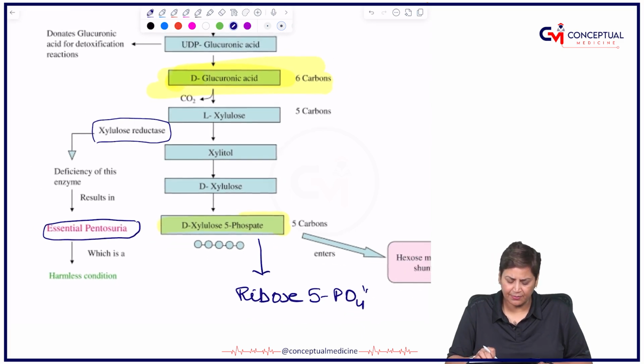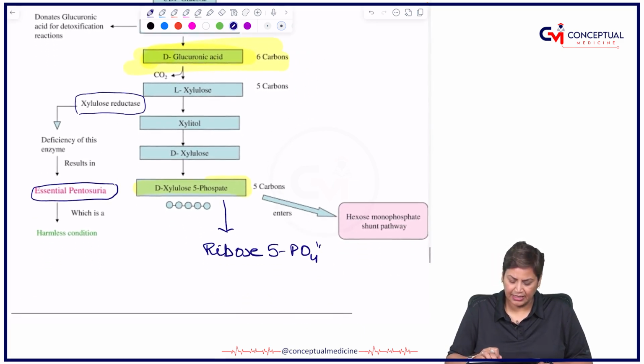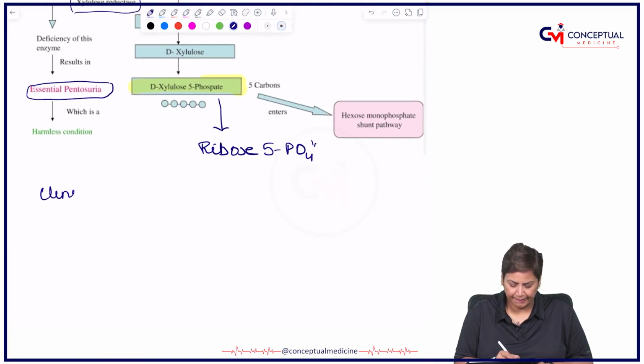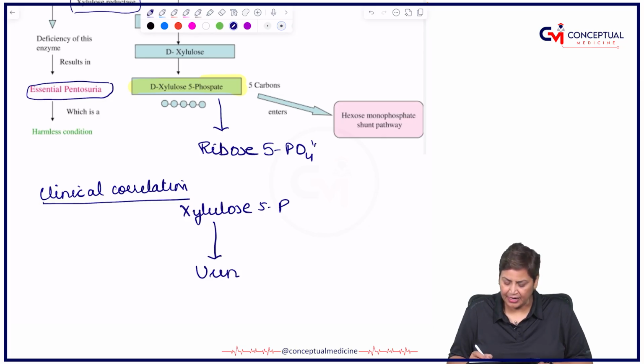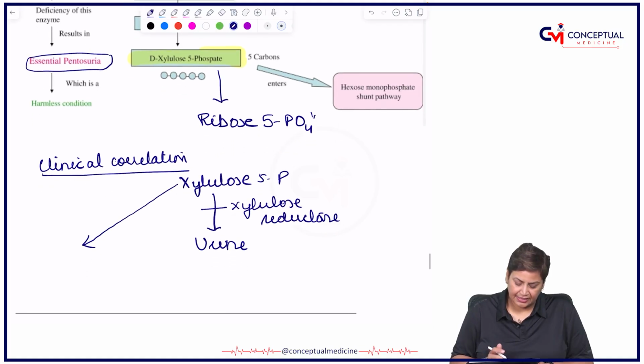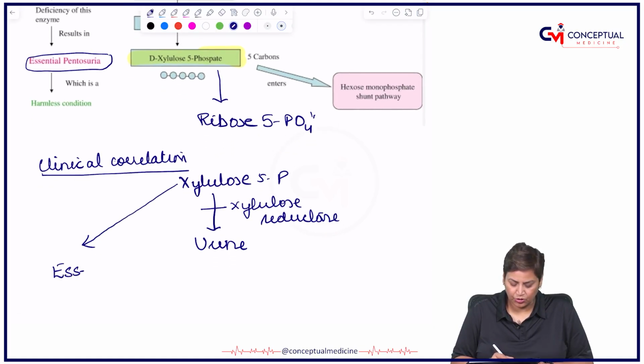So I can just simply write it like this, that the clinical correlation is the excretion of xylulose 5-phosphate in urine, due to the absence of the enzyme xylitol, or you can say xylulose reductase, right? And this is also known as essential pentosuria.